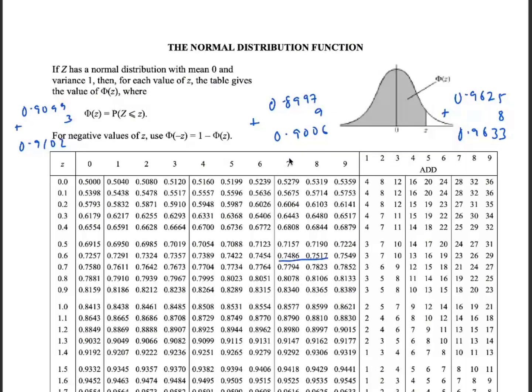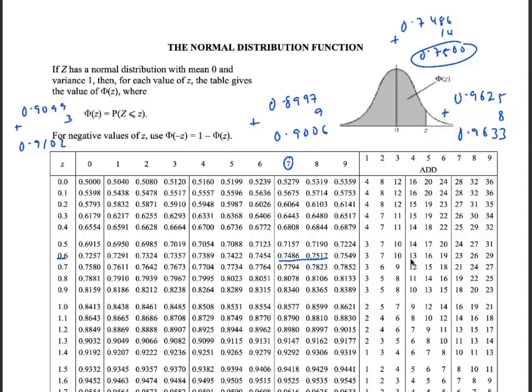We take the lower number, which means we have 0.7486 currently, and we want to add 14 to that to get 0.7500, which is the probability that we require. The closest thing we have to 14 is 13.